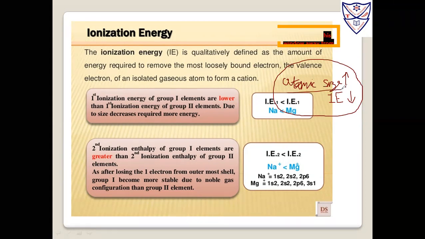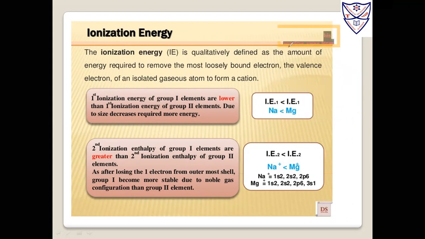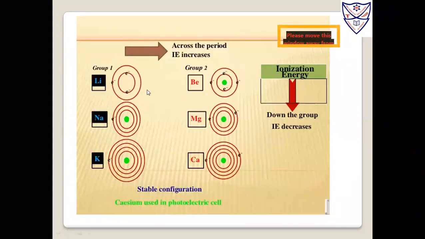Atomic size, atomic radius, and ionic radius all increase, and ionization enthalpy or ionization energy decreases. See here the same: as you go across the period, ionization enthalpy increases because the atomic size decreases.